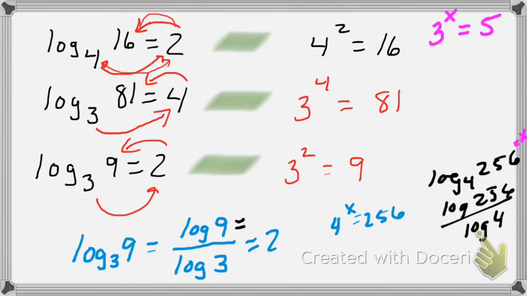How would I write 3 to the x equals 5 as a logarithm? We just did it with 4 to the x equals 256. How would we do it with 3 to the x equals 5? I'll help you. Log. That's the extent of my help. What's the base? 3.